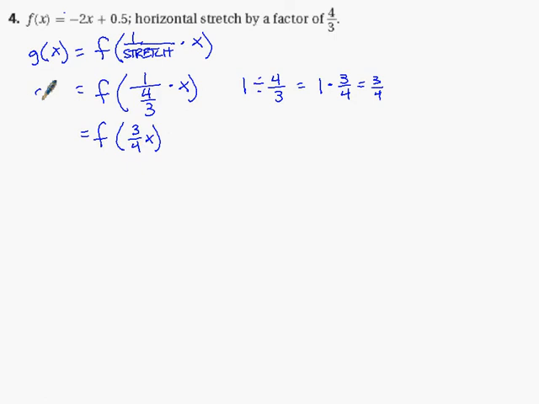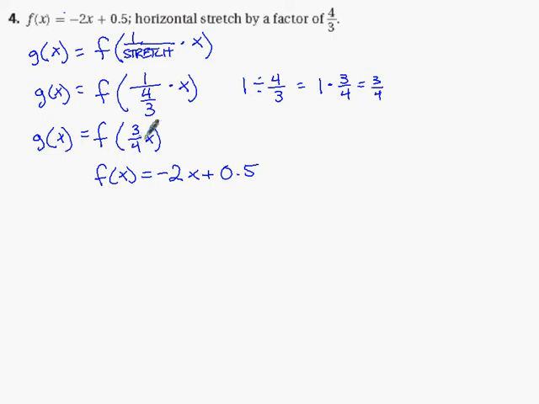So the new function is simply the old function being evaluated at 3/4 x. Now what does that mean? That means that any place that we see, so let's put the old function down here, the f of x, remember, was negative 2x plus 0.5.